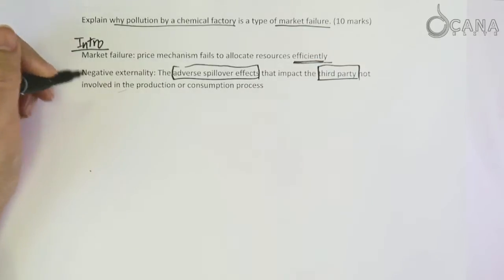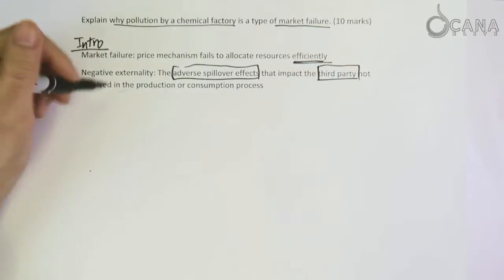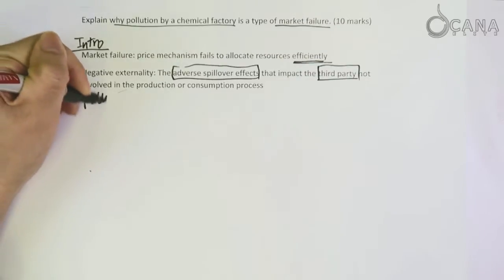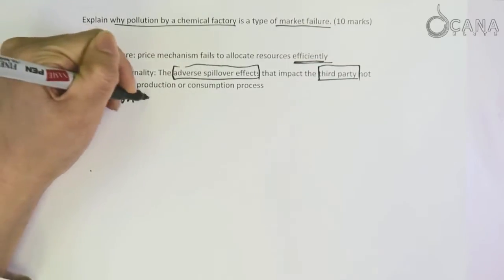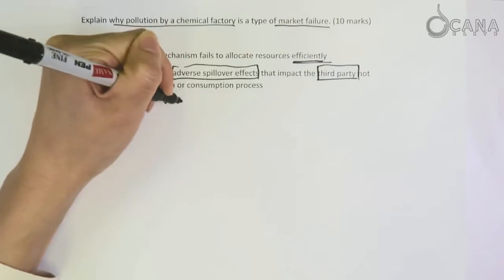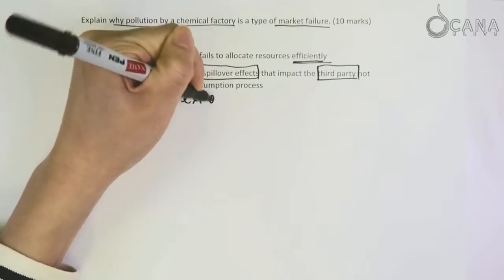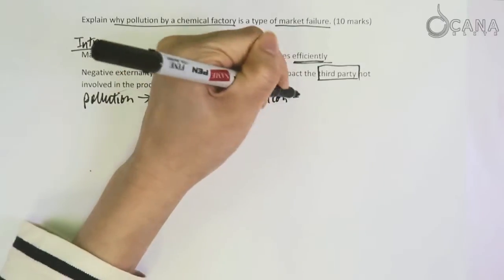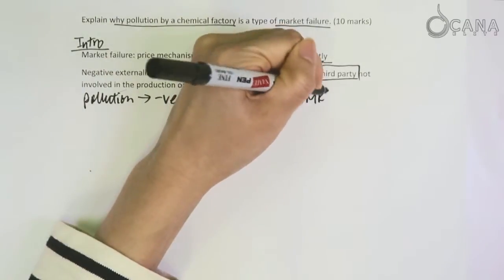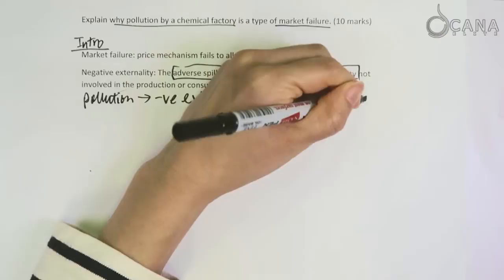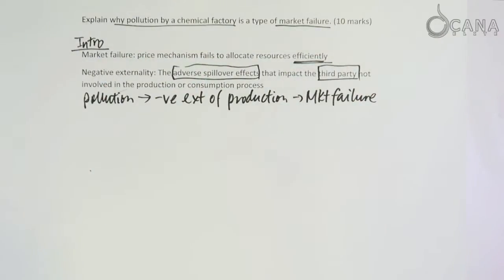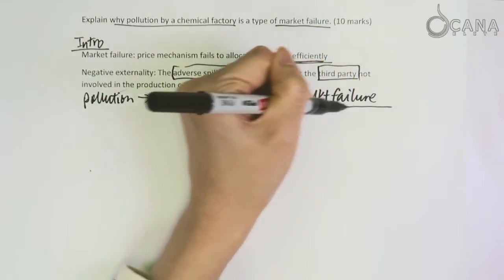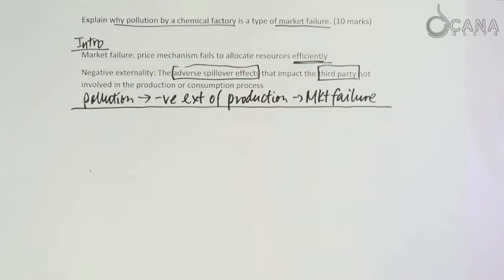And eventually, you can try to answer the question by saying that the pollution by a chemical factory generates negative externality of production, and therefore is a type of market failure. Then you can answer the question in 1 sentence. And that would be the introduction.